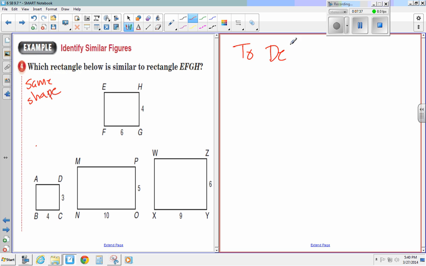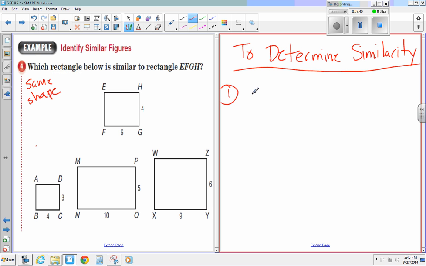To determine similarity, you have to compare proportions of corresponding sides.